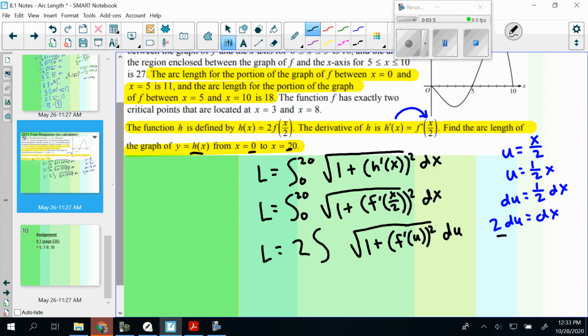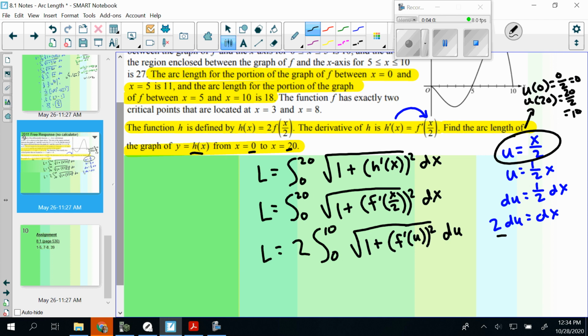But also, if we change this to u, we're going to want to change those limits as well. So what would those limits become? Well, using this statement right here, u at 0 looks like that would stay 0. However, u at 20, that's 20 over 2, that's going to become 10. So our other limit here needs to change to 10.